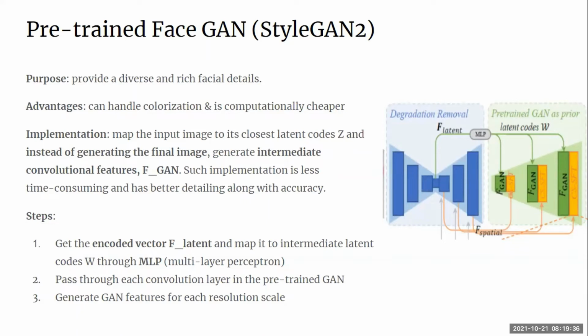The f-spatial helps you produce a transformation to transform the StyleGAN image even more, in a way that you get it even closer to the input image. Because at the end of the road, we want something as close as possible to the input image, but with higher quality. That's the idea.